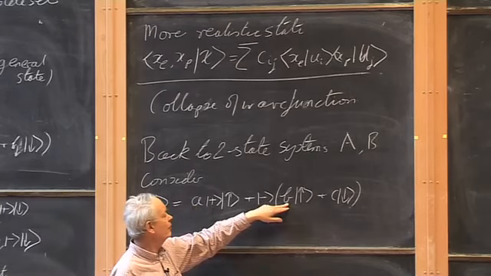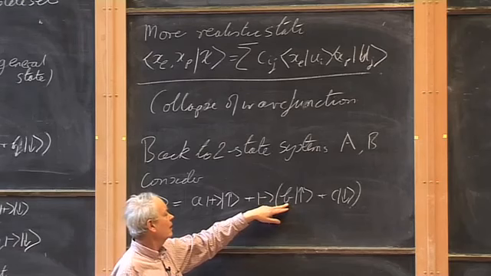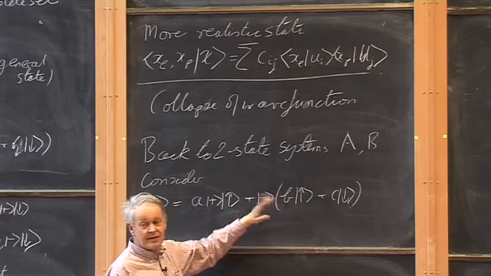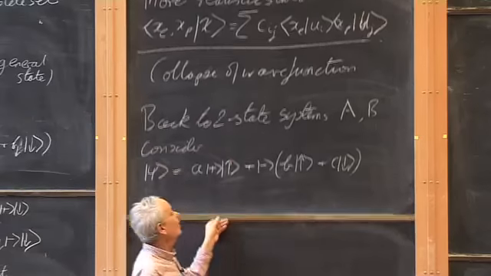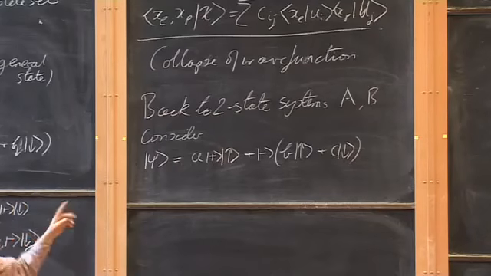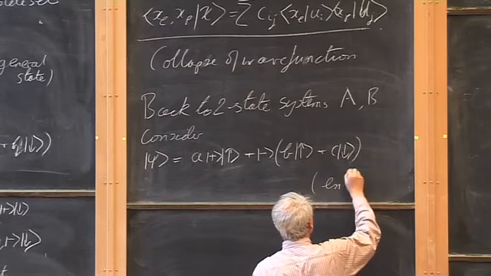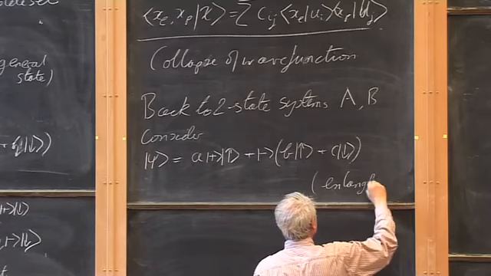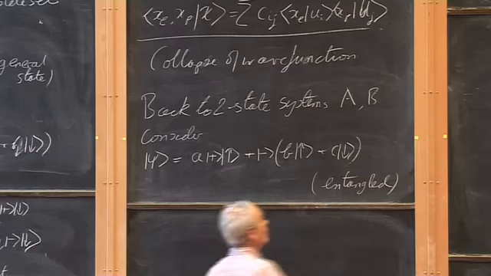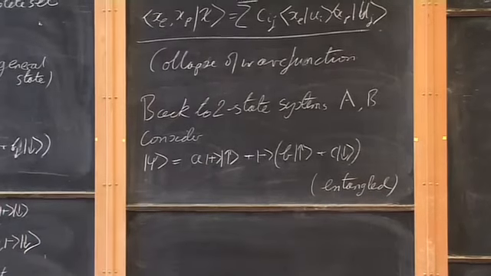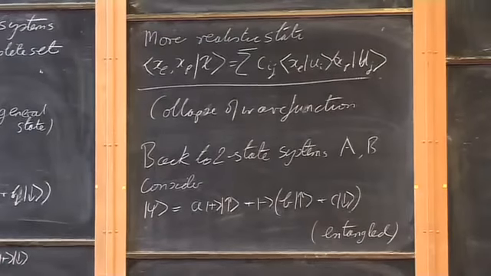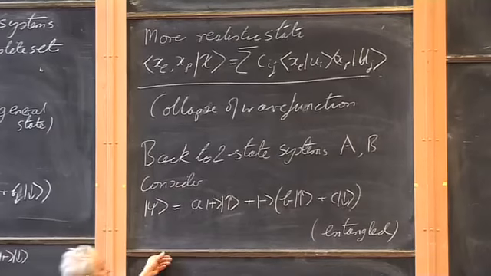This is the amplitude for finding that A is minus and B is up, etc. But this state, as it turns out, is entangled. That is to say, you won't be able to write this as a product of a state A and a state B. So this is more realistic than the states that I was discussing before. Okay.